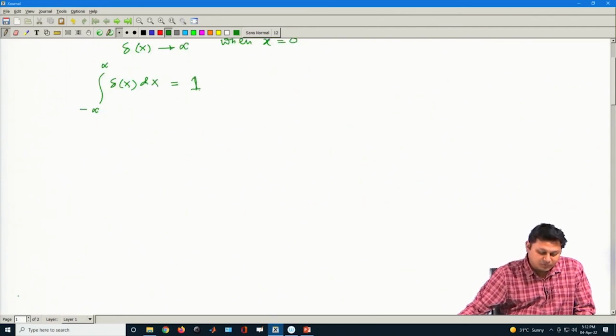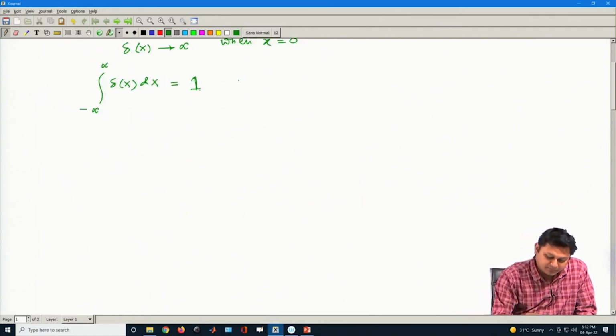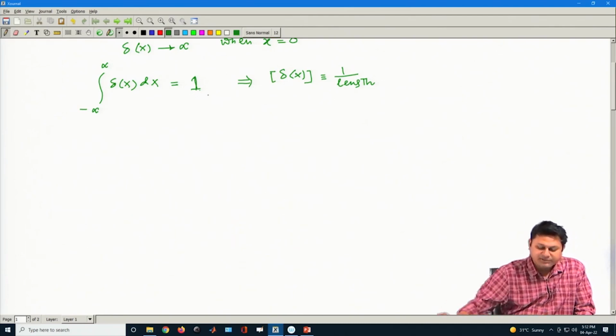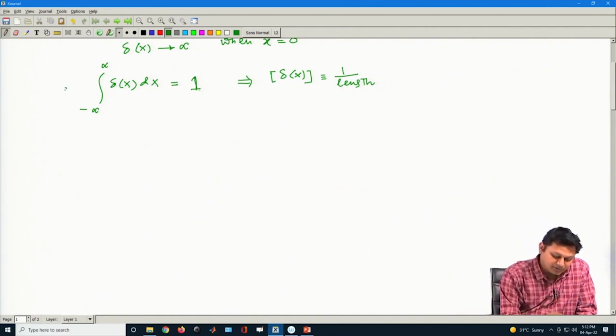From here we clearly understand one thing: the delta function should have dimension 1 divided by length, at least in one dimension. Then only it is dimensionless when multiplied by dx, and at the end of the day whatever we get is simply a number. This is a very important expression.